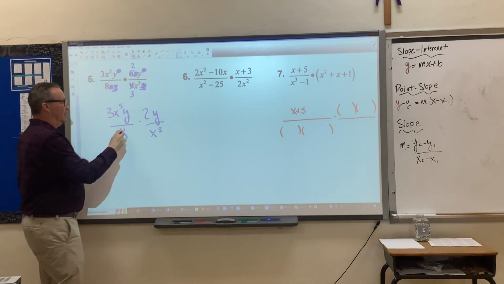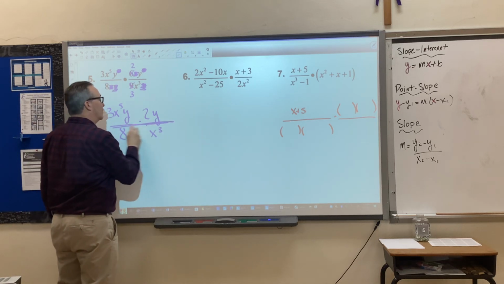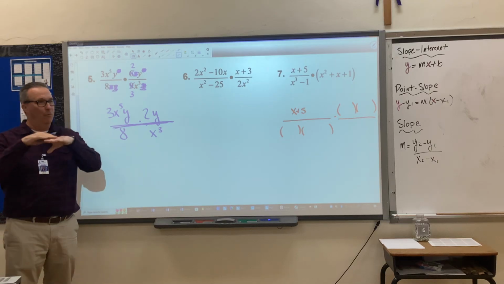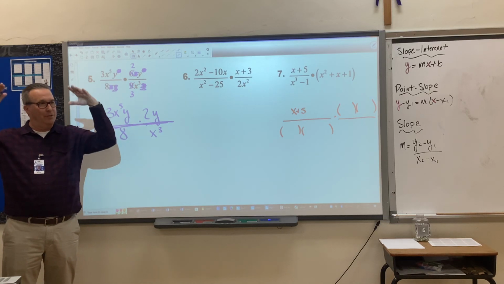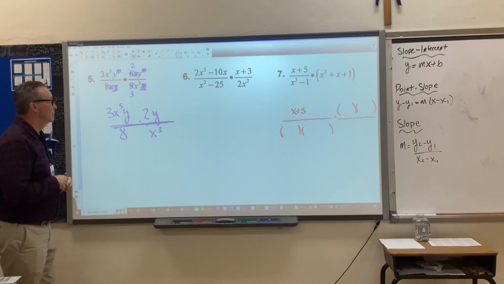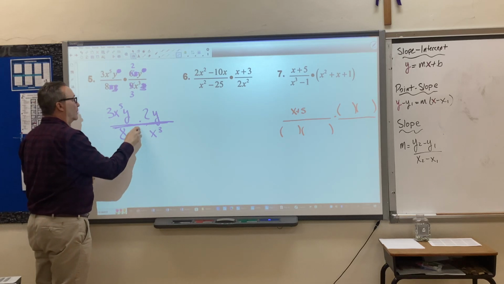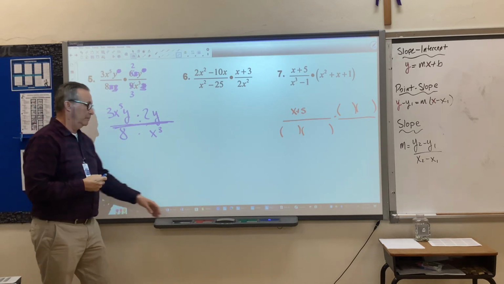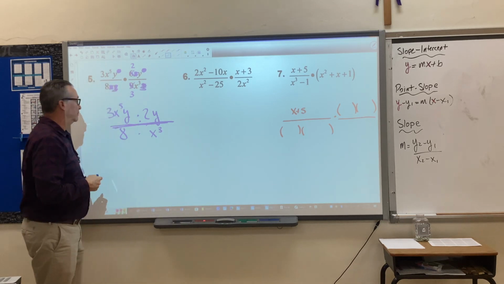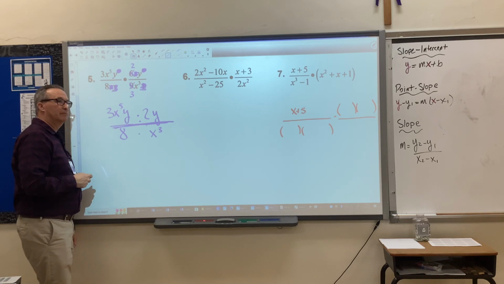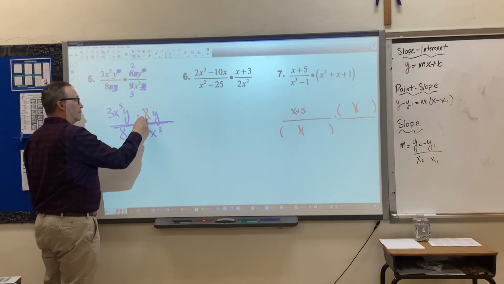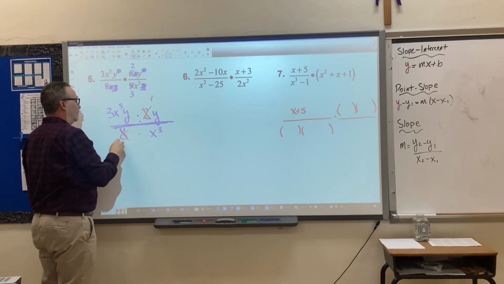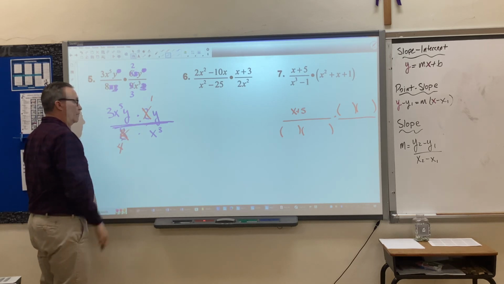Because when you multiply, you just multiply the top, so you get the top, multiply the bottom, so you get the bottom. So it's like that one division bar just separates the numerators from the denominators. So what can I cancel? So you're saying that I could reduce the 2 and the 8 to be 1 over 4?